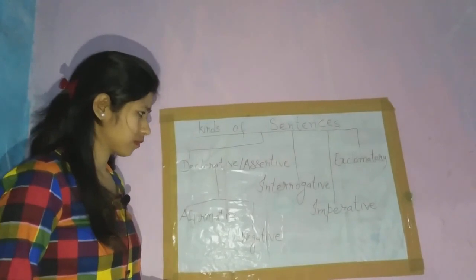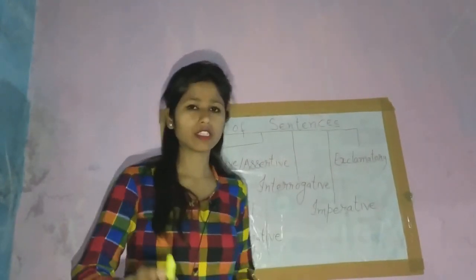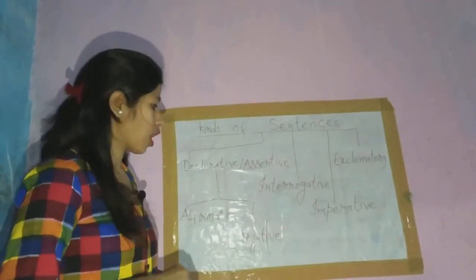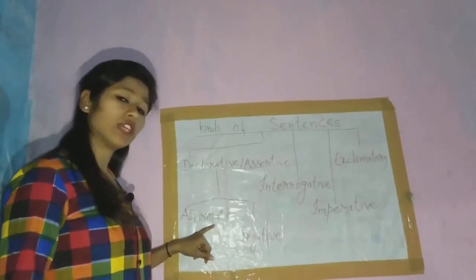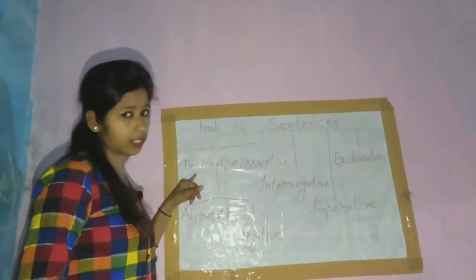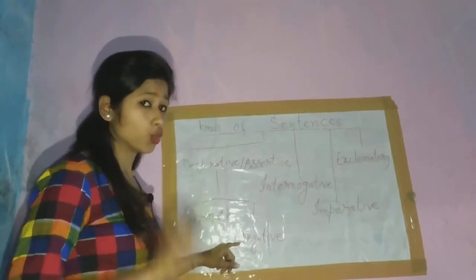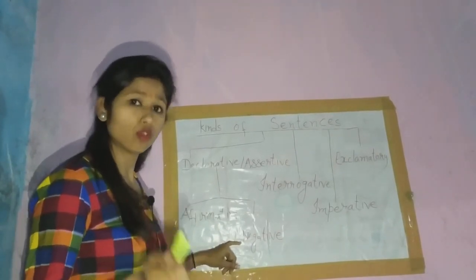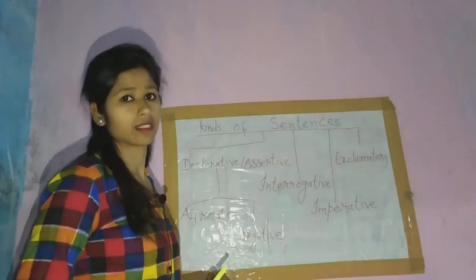Example. I gave you one example before. I will take the same one. I love my pet. I love my pet is an example of an affirmative declarative sentence. On the other hand, I do not love my pet is an example of a negative declarative sentence.